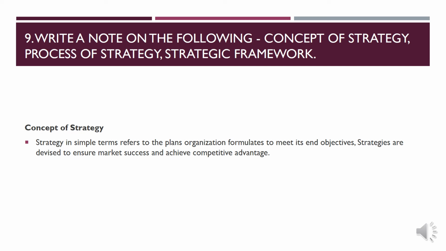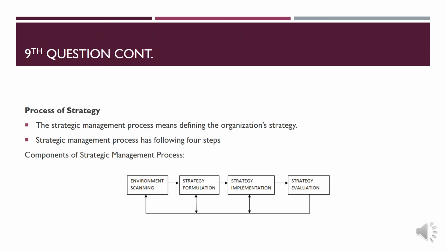Process of strategy. The strategic management process means defining the organization's strategy. The strategic management process has the following four steps: environmental scanning, strategy formulation, strategy implementation, strategy evaluation.